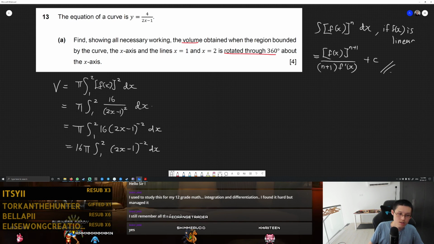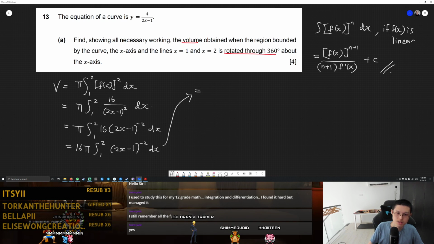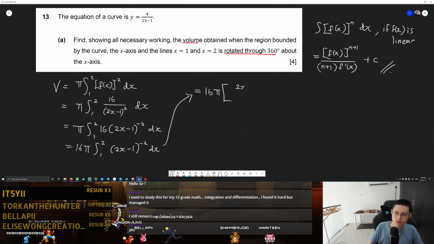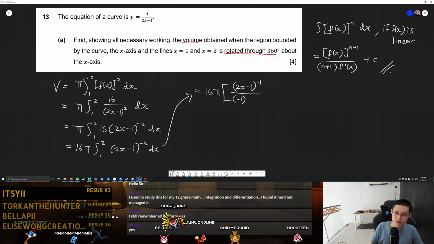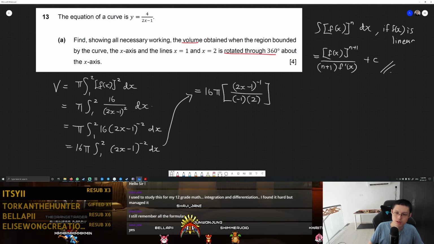Okay, so this fulfills those conditions that we need. So we can just write that as (2x minus 1) to the power of minus 1 over minus 1. You differentiate whatever's inside, it's going to give us 2. And then the limit is from 1 to 2.